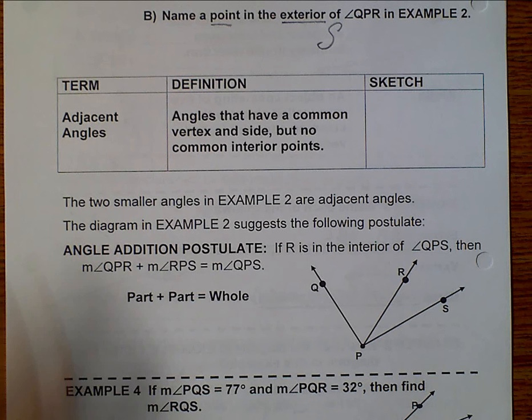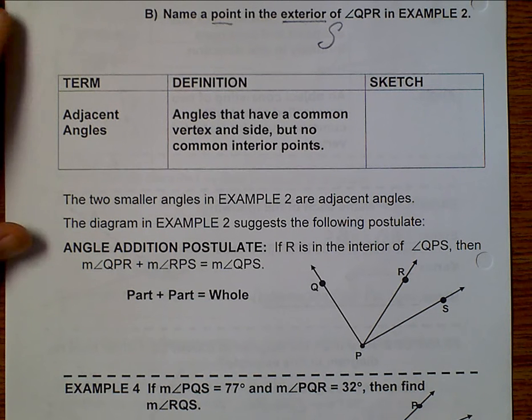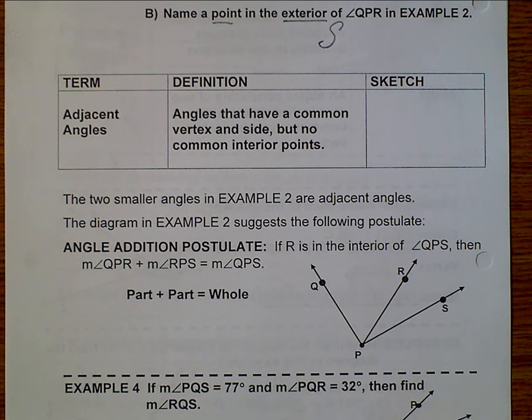Well, now we have another vocabulary term called adjacent angles. And adjacent angles are angles that have a common vertex, but no common interior points.